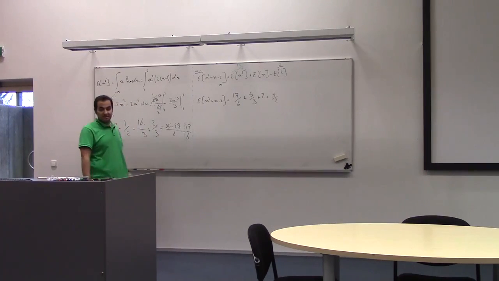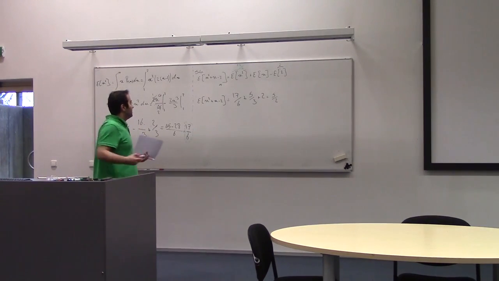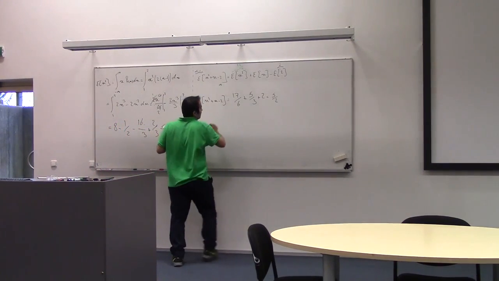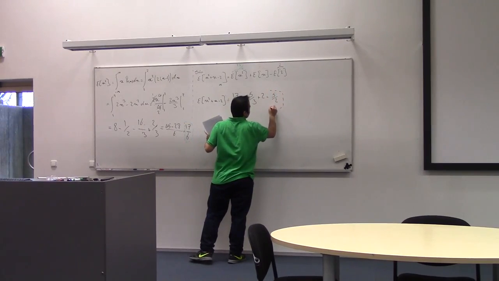And you know that this is the expected value of this linear combination of random variables.